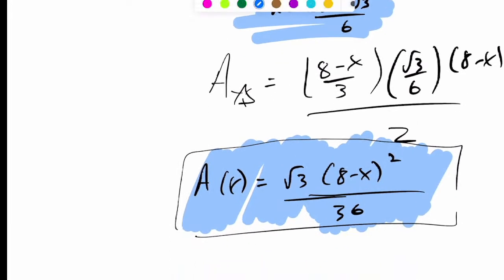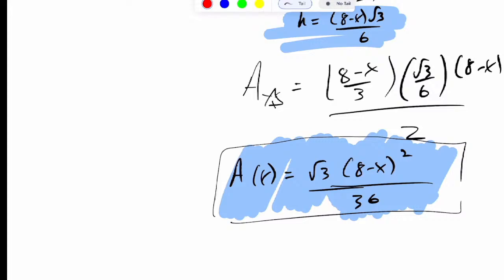So then the only thing I did here was I pushed all this together. So this becomes root 3 over 18. And then because it's over 2, you end up multiplying the 18 by 2, which is 36. So I end up getting the area of the triangle is root 3 over 36, right? And then I have 2 of these here, so it becomes the power of 2.